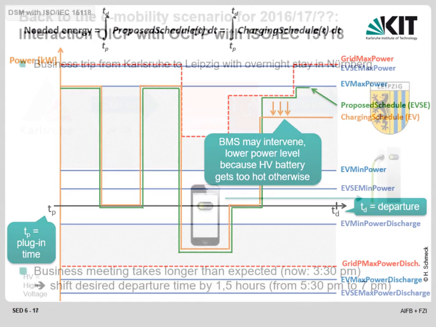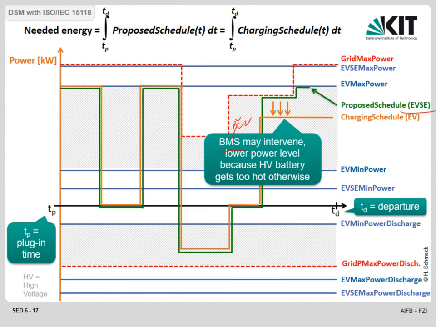Okay, just one more remark onto that. I said that the vehicle has the ultimate decision, but we have seen there is a protocol communication between the supply equipment and the electric vehicle to come up with some proposed schedule.